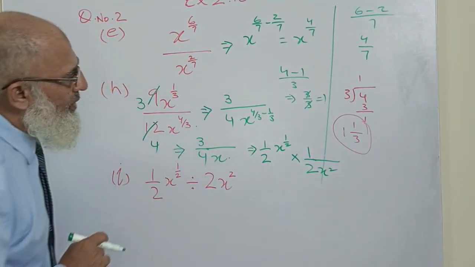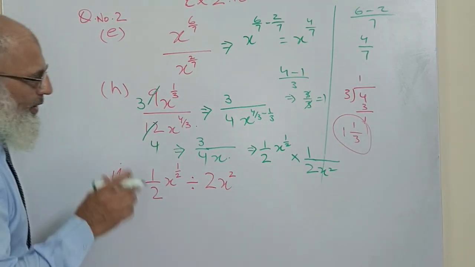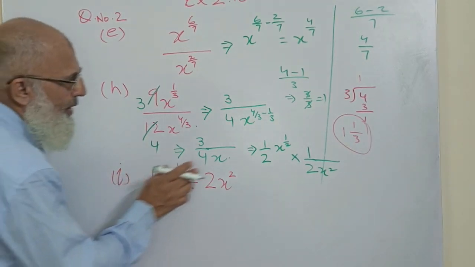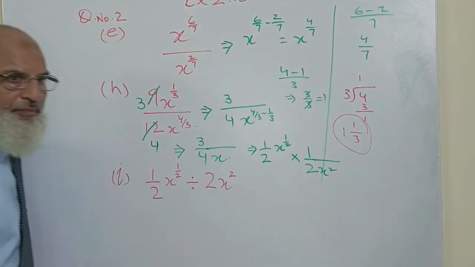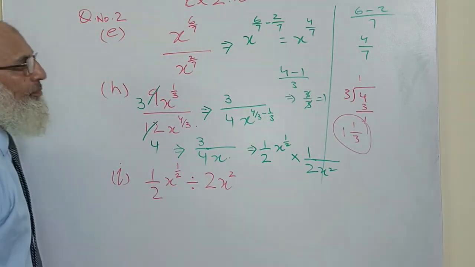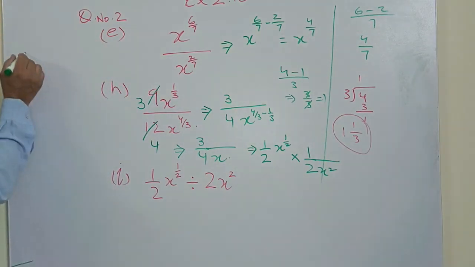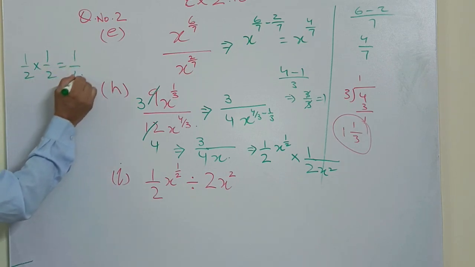Now see what will happen over here. Since this is a fraction, this is also a fraction, and both the fractions are being multiplied like this. 1/2 multiplied by 1/2 will become 1/4.